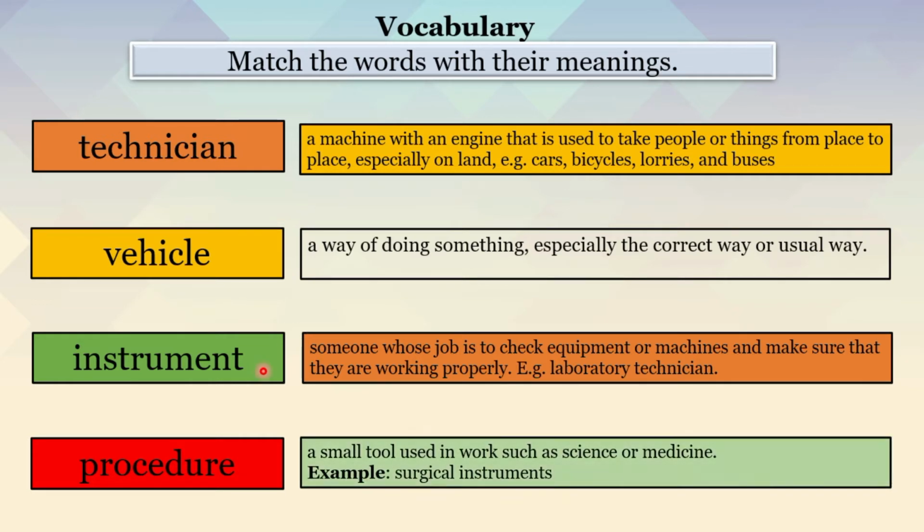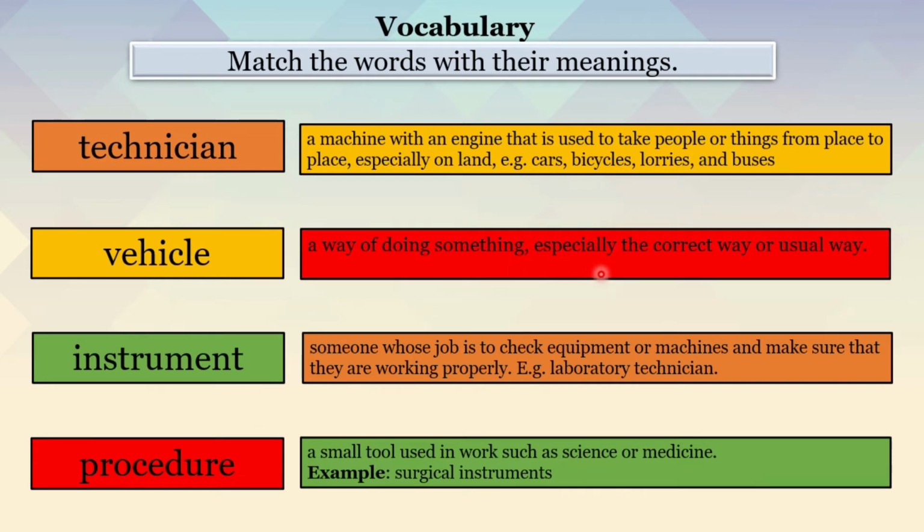An instrument is a small tool used in work, such as science or medicine. For example, surgical instruments. And the last word is procedure. Of course, procedure is a way of doing something, especially a correct way or the usual way.